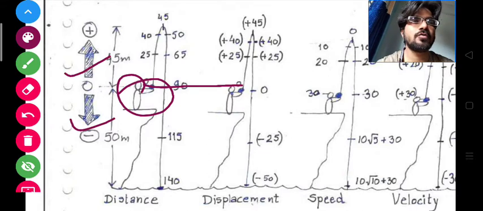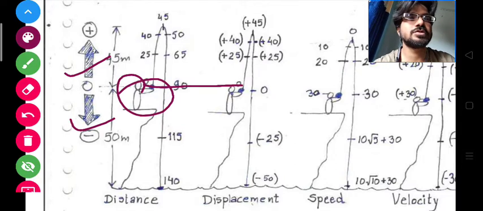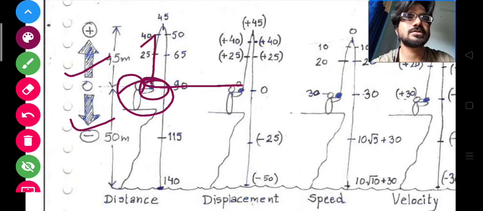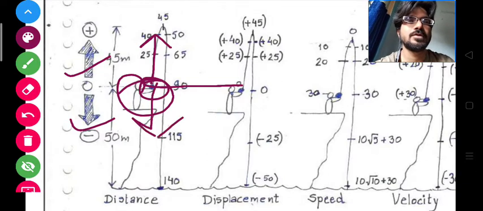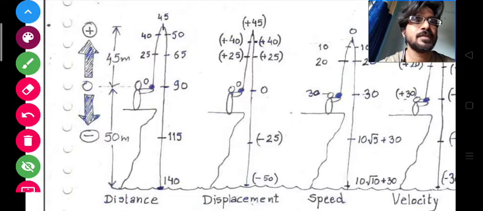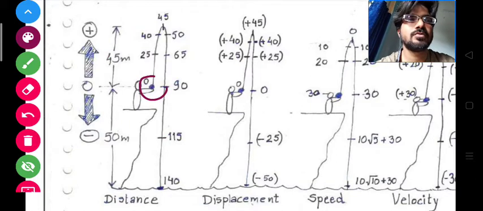You will take the downward axis as negative and the upward axis as positive, like the positive y-axis, because this is the origin, here is your eye. So when you throw a ball, it will travel from 0.